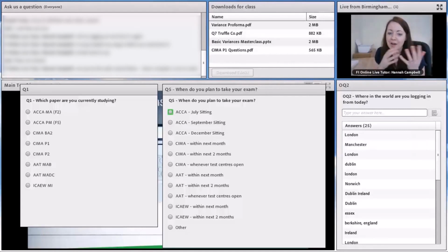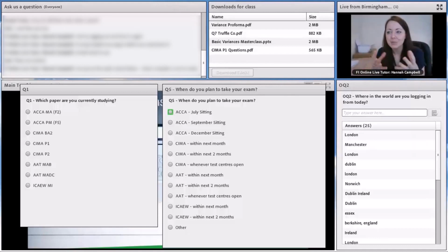But obviously in PM you have more advanced variances, which is what the majority of questions are always going to be about. But in order to be good and to be able to answer those advanced variances, you need to have a really good knowledge of your basic variances. And of course at PM level, the problem is it is assumed knowledge, okay?